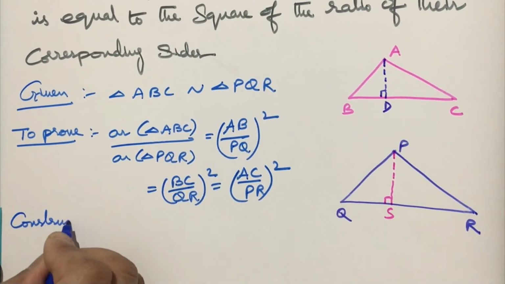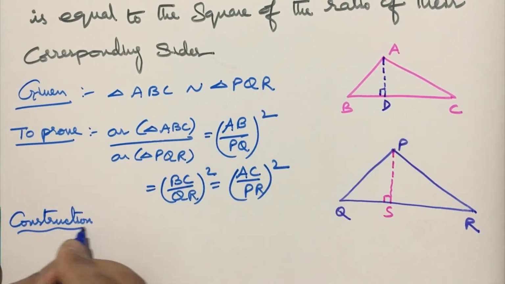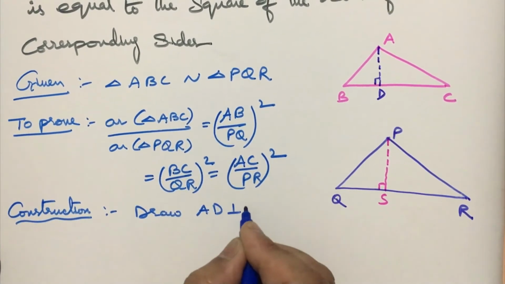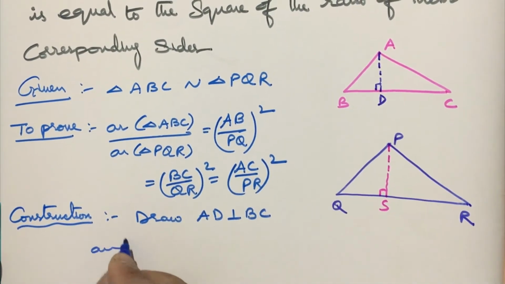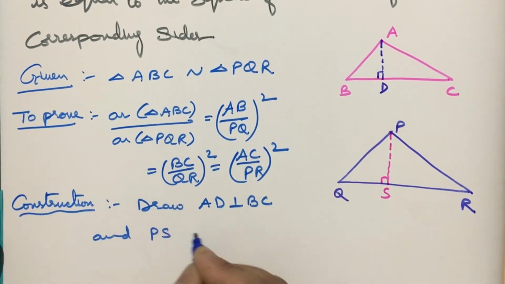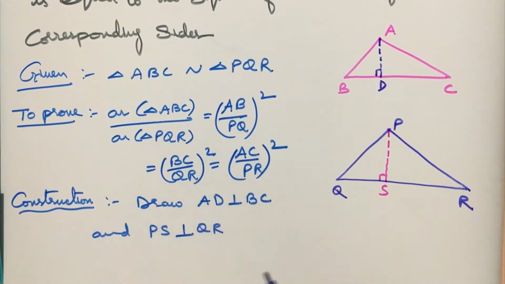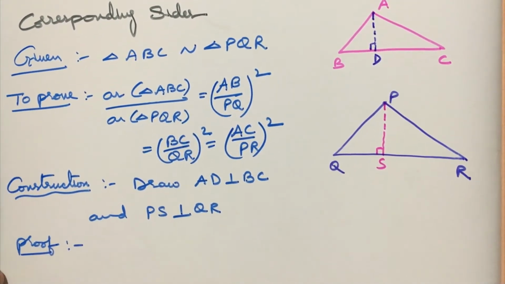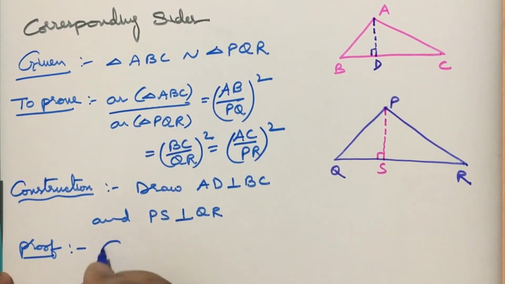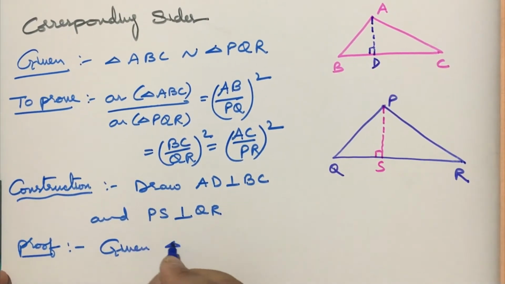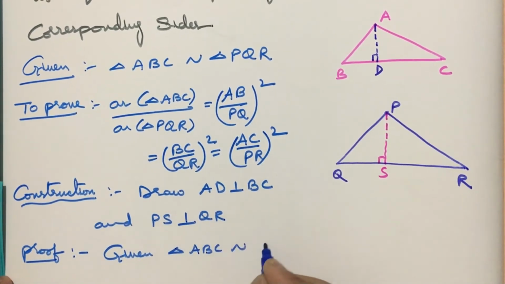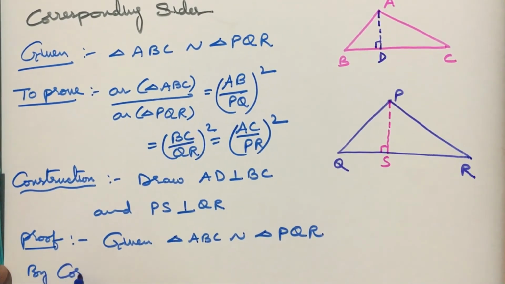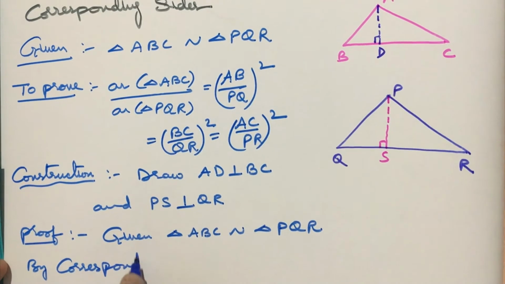Construction: draw AD perpendicular to BC and PS perpendicular to QR. Coming to the proof. Given: triangle ABC is similar to triangle PQR, right? So by corresponding sides proportionality, what can we write?